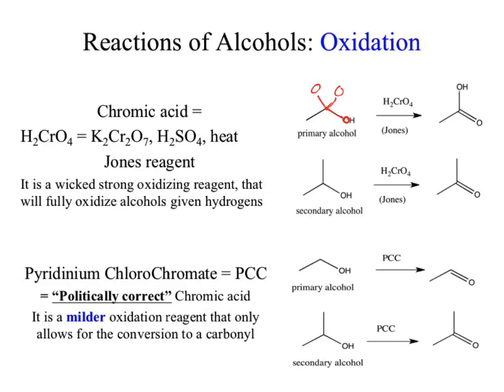We now have too many oxygens at that position, so we'll condense the oxygens down. Still 3 bonds to oxygen, but there's only 2 oxygens. So if I oxidize a primary alcohol, I will end up with a carboxylic acid. 3 bonds to oxygen. Every hydrogen is replaced with oxygen.